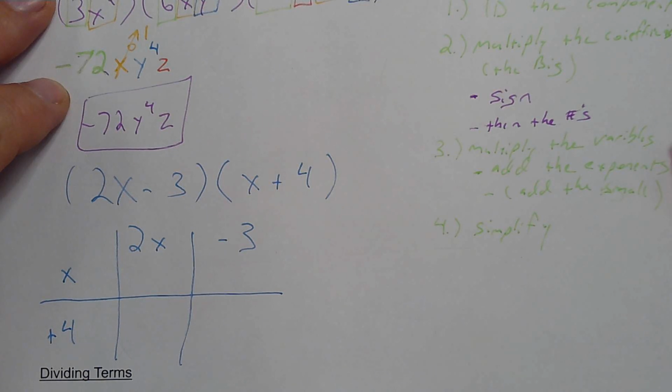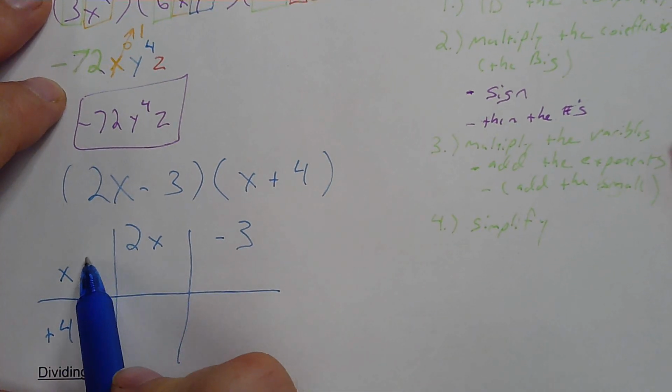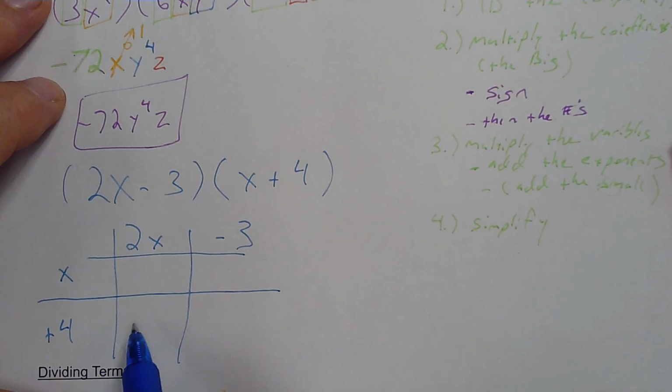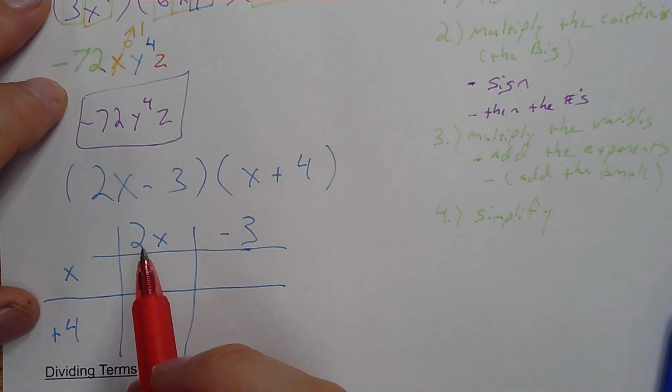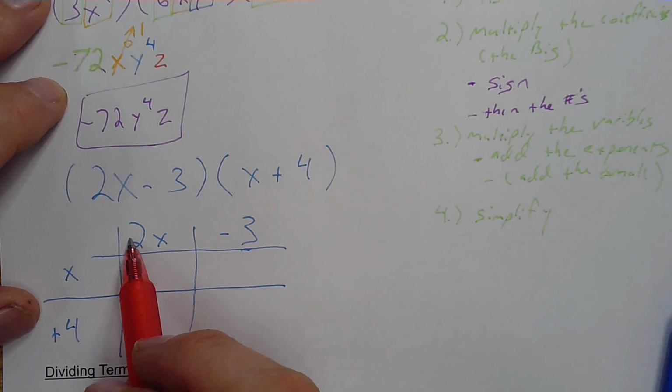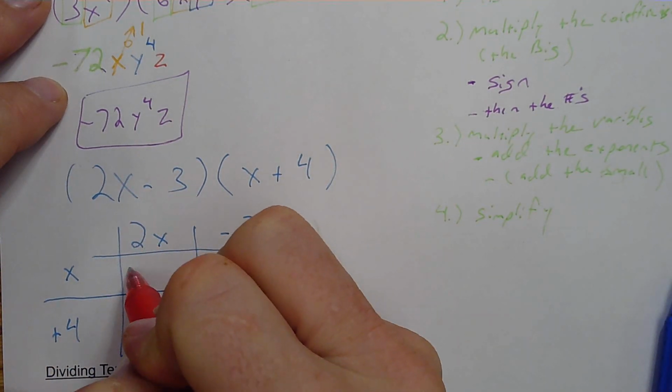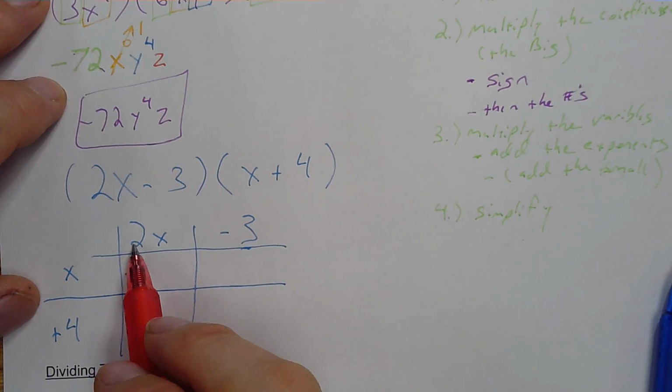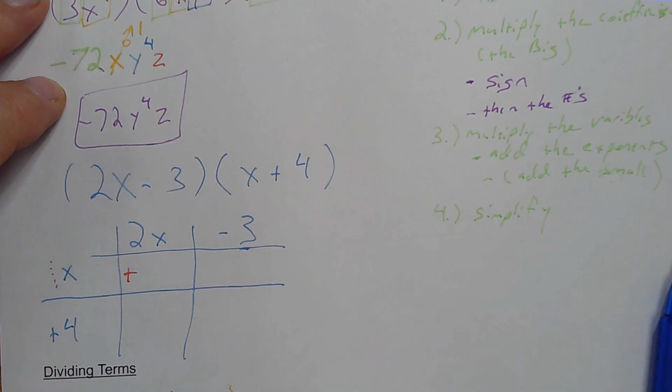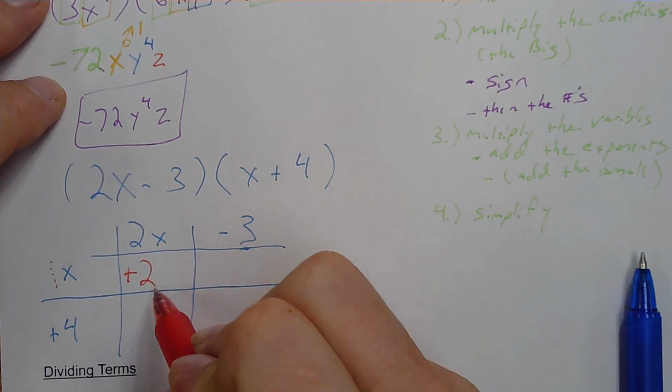Now we're going to multiply to fill these 4 blocks in. All right, 2x: a positive times a positive is a positive. 2 times the invisible 1 is 2.